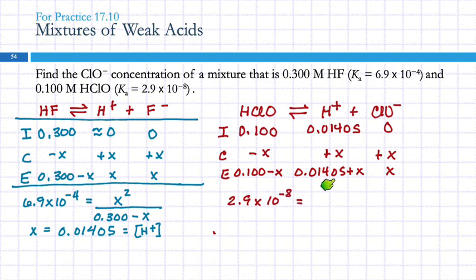And so these are the products. So I've got the quantity 0.01405 plus x times x divided by 0.100 minus x.